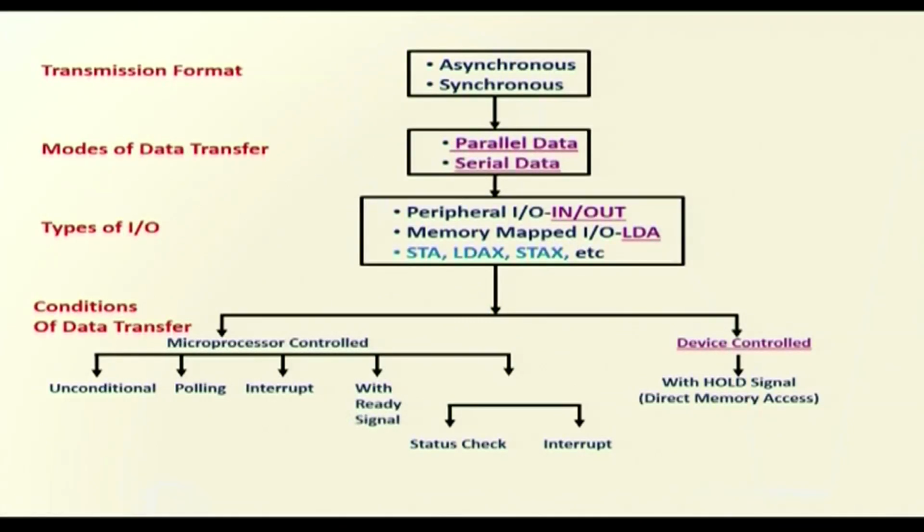In memory mapped I/O, the processor performs read and write operations with memory. For this it has a 16-bit address. By using the 16-bit address, it will read or write the data. For that it has two signals, memory read and memory write signals. The memory read signal is used to read the data from the memory, and the memory write signal is used to write the data into the memory.